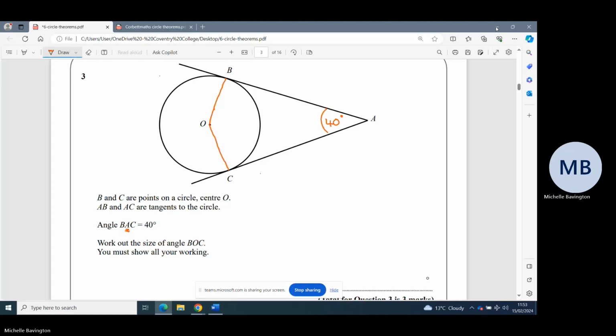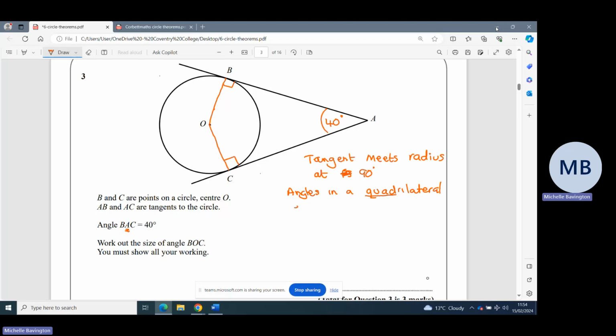So, okay, tangent meets radius at 90 degrees. It's because I've got 2 of them, 1, 2. And angles in a quadrilateral. I'm going to say quad in future.